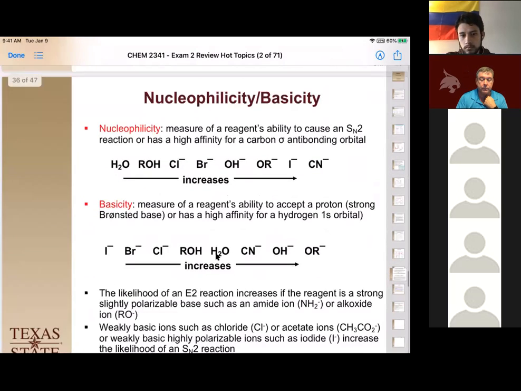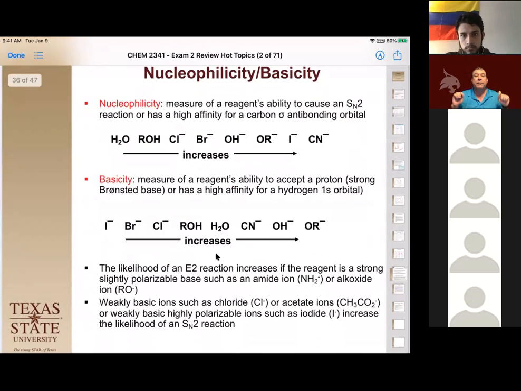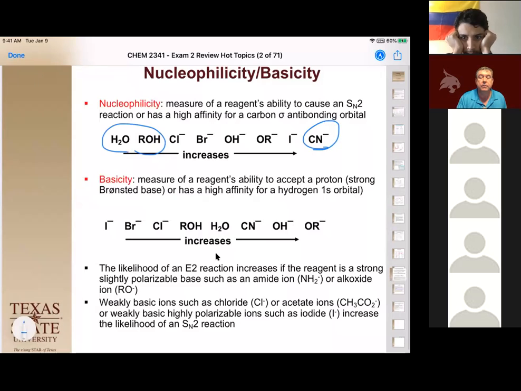Nucleophilicity and basicity are not the same thing. Nucleophilicity has everything to do with the ability to attack at that carbon. So think nice, stable ions, anions in particular, or things with lone pairs. Basicity is directly related to its conjugate acid.